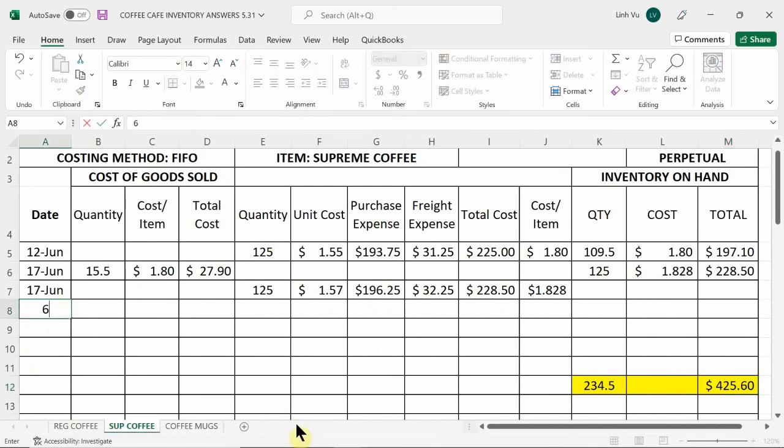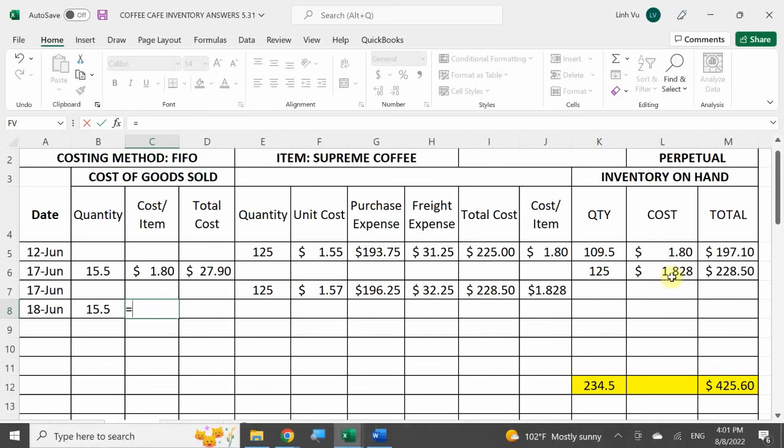So Supreme coffee, we sold 15 and a half. Now we're using FIFO, and yes, it comes out of the first batch of inventory that we have, which is currently at $1.80. Okay.